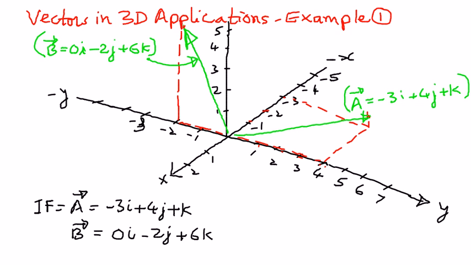So that is the point where the second vector is going to terminate. I've indicated that by a green line, and then I've also named that vector with the corresponding components. Vector B is equal to 0i minus 2j plus 6k.